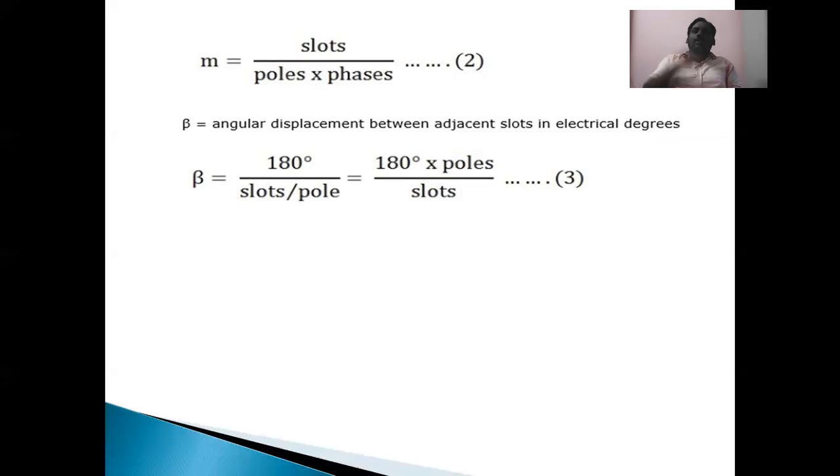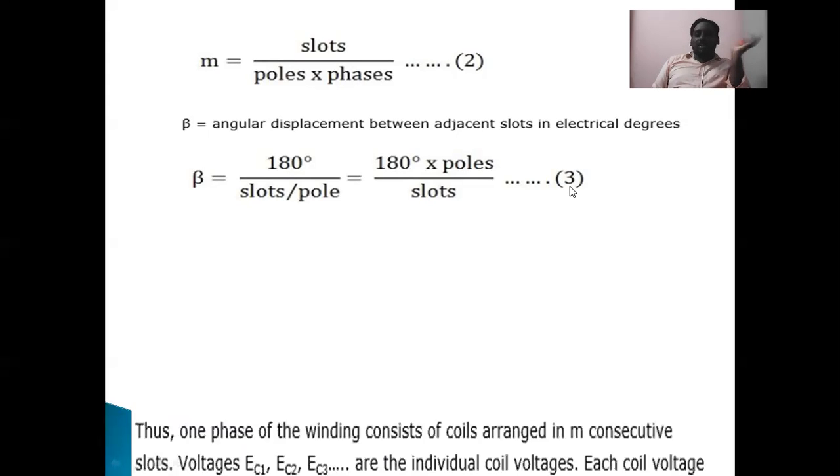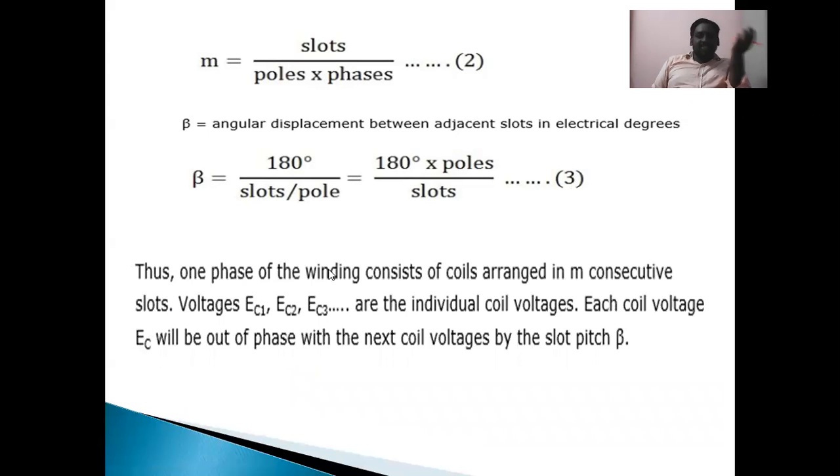That is why beta is equal to 180 by n, where n means slots per pole, that is 180 degrees times poles by slots. This can be considered the third equation.